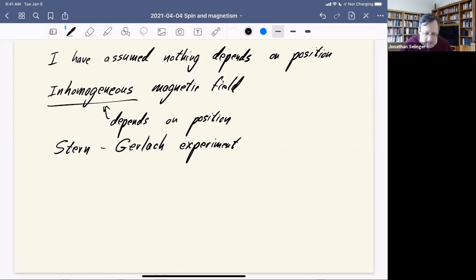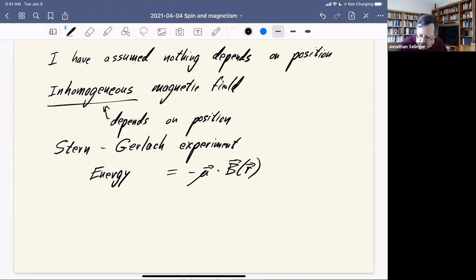Okay. And the interesting thing there is that the energy is the negative mu dot B, and B now depends on position.